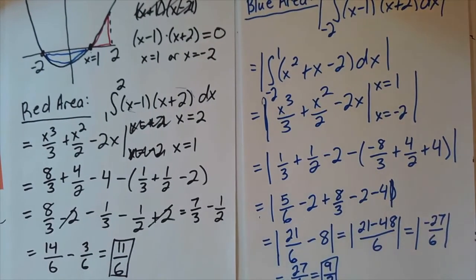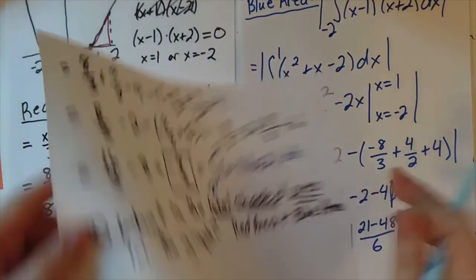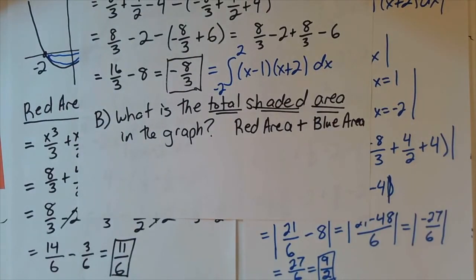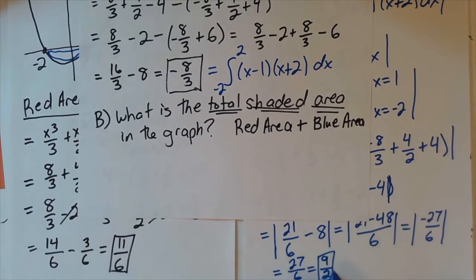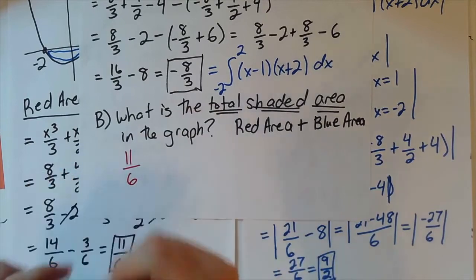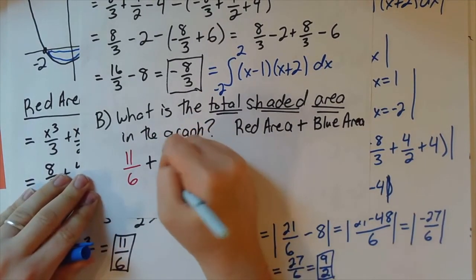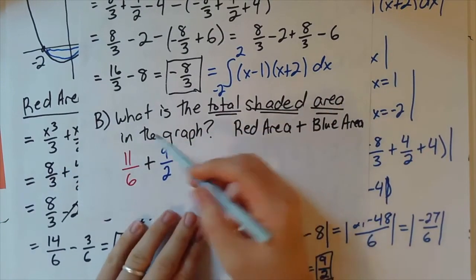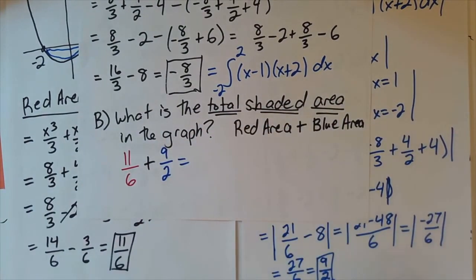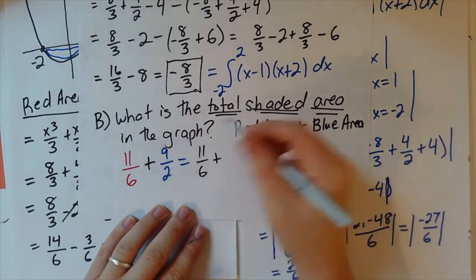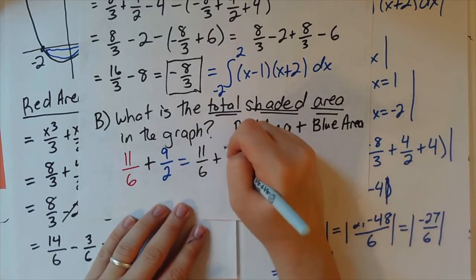Now, these two pages together allow me to answer the question, which was, what is the total shaded area? Namely, it's the red area, which was this, plus the blue area, which was this. So it is 11 over 6 plus 9/2, which, if I go ahead and rewrite, that is going to be 11 over 6 plus, and then so that will be 27 over 6.